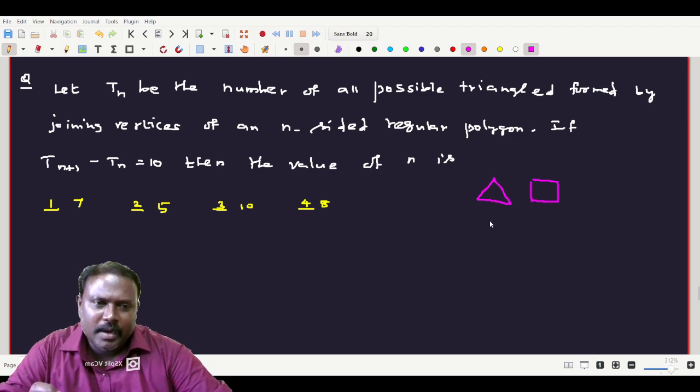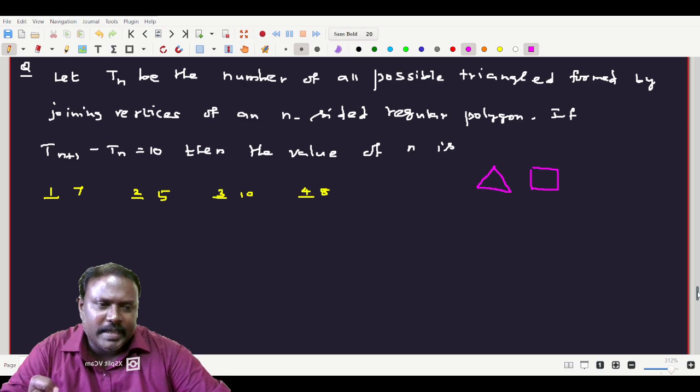Now just look at what they have given. Tn is the number of all possible triangles formed by joining the vertices of an n-sided regular polygon. So an n-sided regular polygon has n sides.